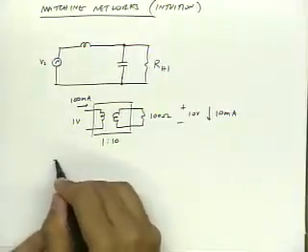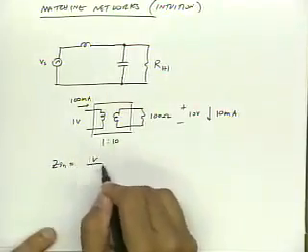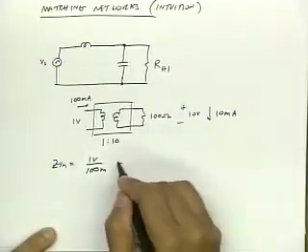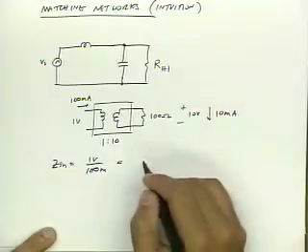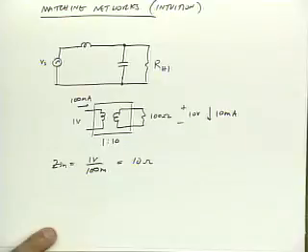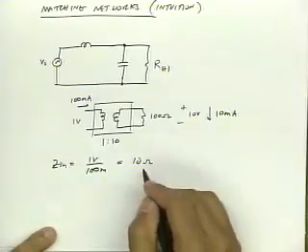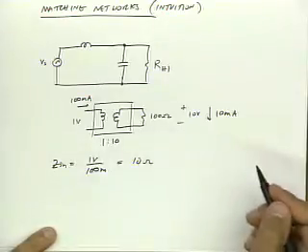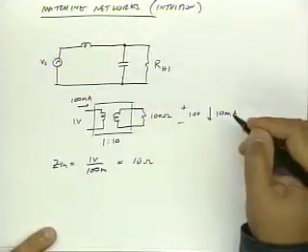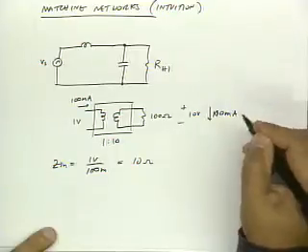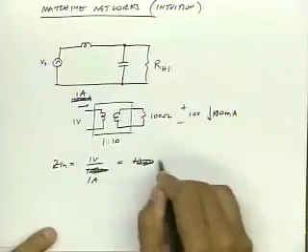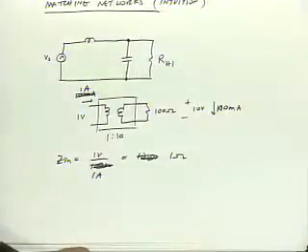So from this point, I see 1 volt over 1 amp, and that is 1 ohm. I made a mistake earlier. Okay, now it's right. Thanks.